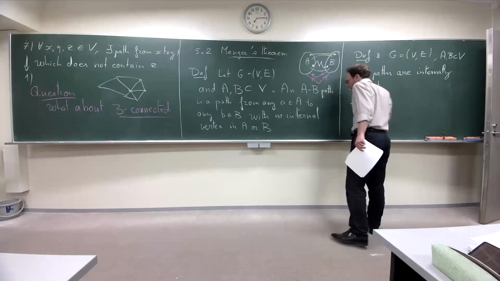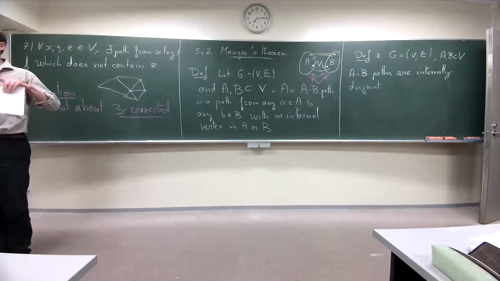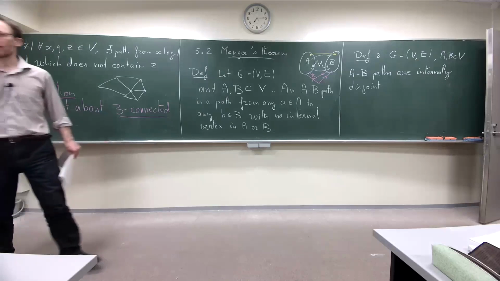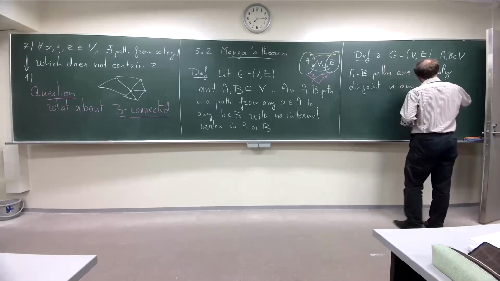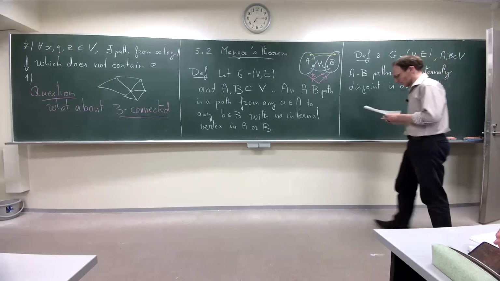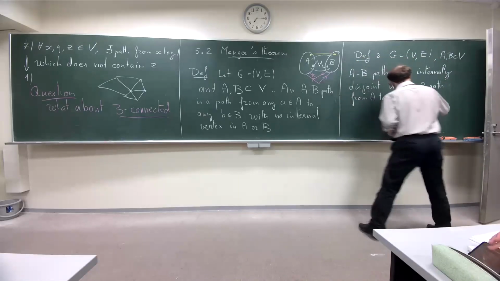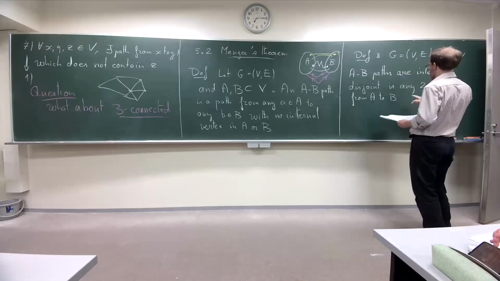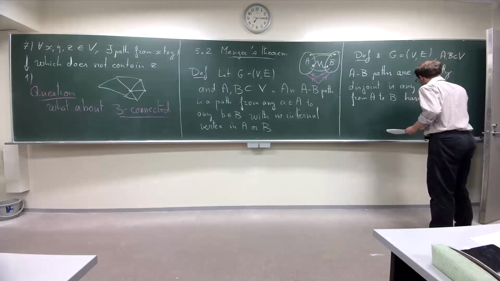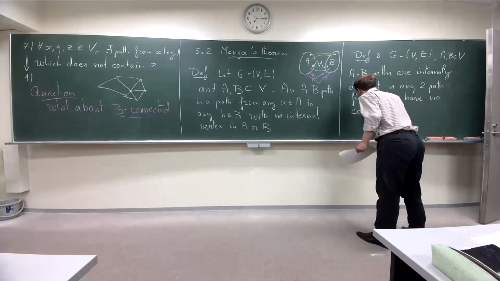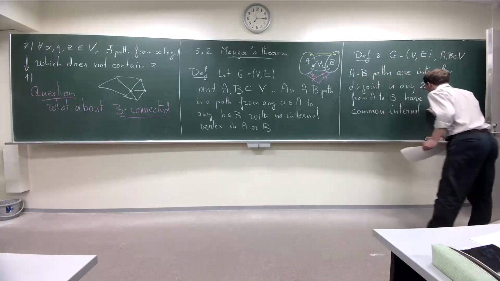You can guess the definition. Take any path in this family, they should not have a common internal vertex. If any two paths from A to B have no common internal vertex.